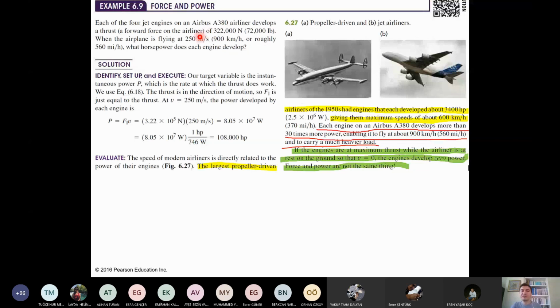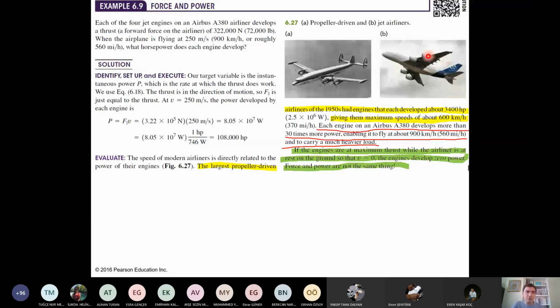For example, the distance between Istanbul and Düsseldorf in Germany is around, let's say, 3,000 kilometers. With this speed, within roughly 3 or 3.5 hours, you can reach Düsseldorf from Istanbul, okay? So the question: what horsepower does each engine develop within this Airbus airliner?